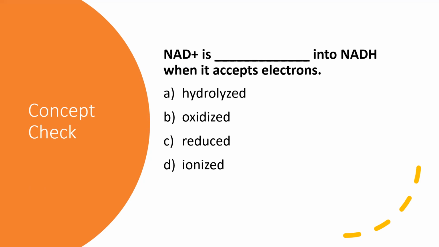Okay. Thank you. It says NAD plus, which is one of the electron carriers, is blanked into NADH when it accepts electrons. Accepting electrons is gaining electrons, right? So remember, OIL RIG: reduction is gaining of electrons. So this is reduced.